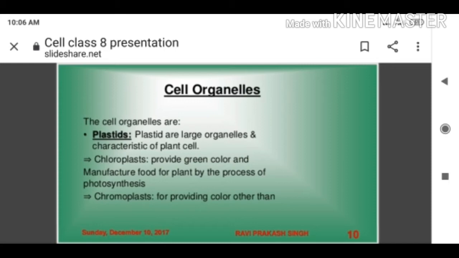Chloroplasts are green colored plastids and they contain the pigment chlorophyll, which helps in photosynthesis. Chromoplasts are colored plastids other than green, and leucoplasts are colorless plastids.